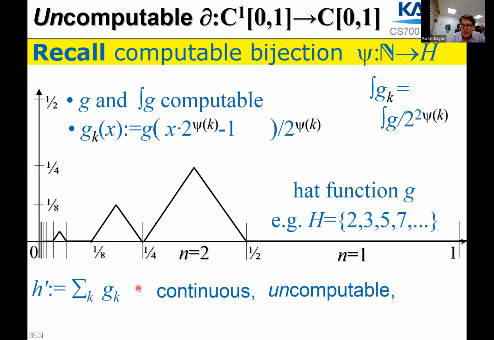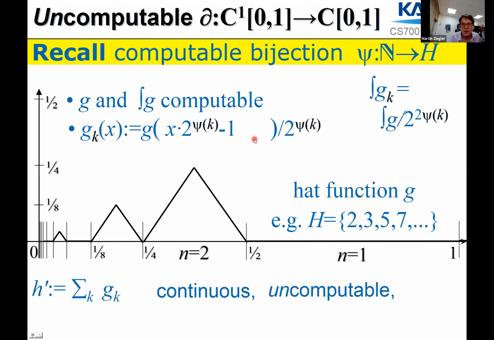And now we make a second modification, namely we make the heads thinner. The height remains the same, but they become thinner depending on the parameter k, not depending on n, which is equal to psi of k, but depending on k.